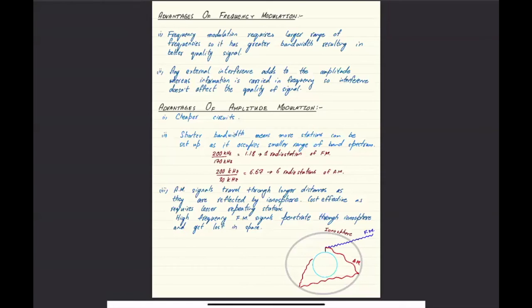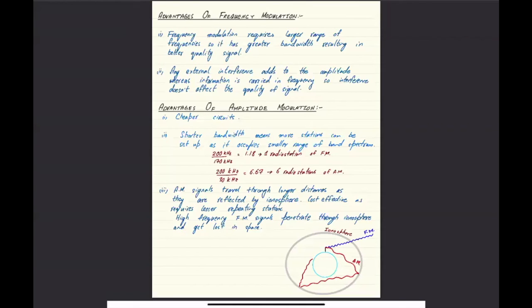Whereas frequency modulation is something you might be aware of yourself, used for music transmissions where you want the quality to be better. So it's very obvious that frequency modulation has a better quality.